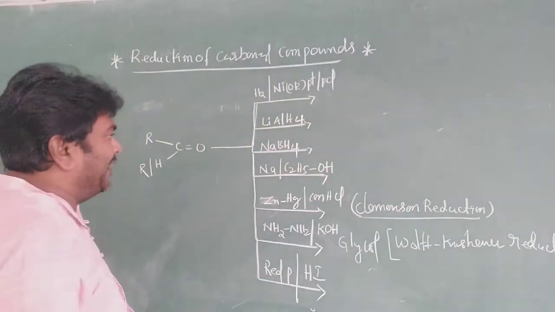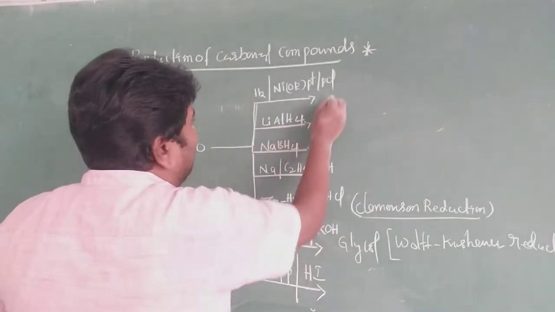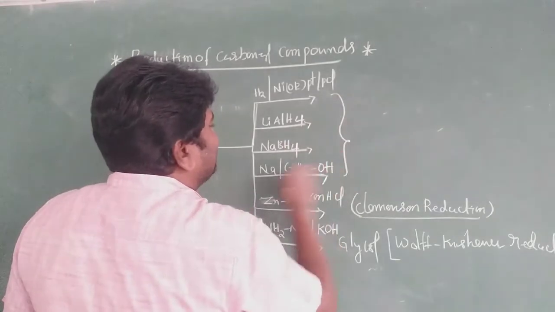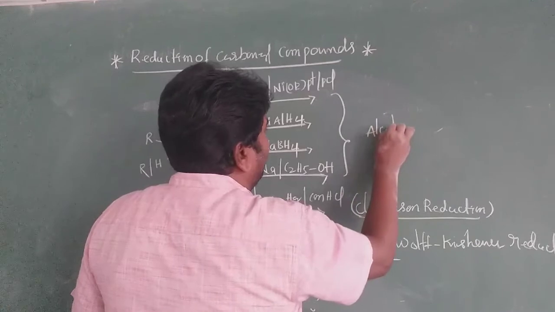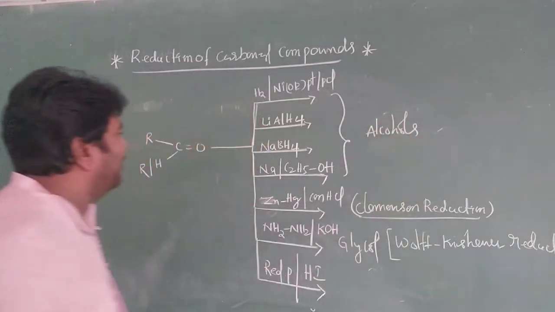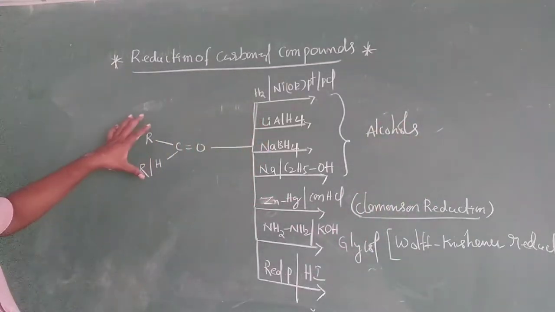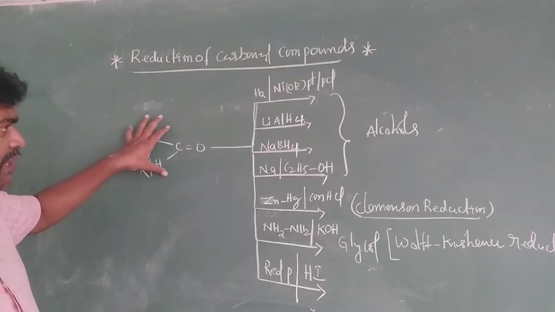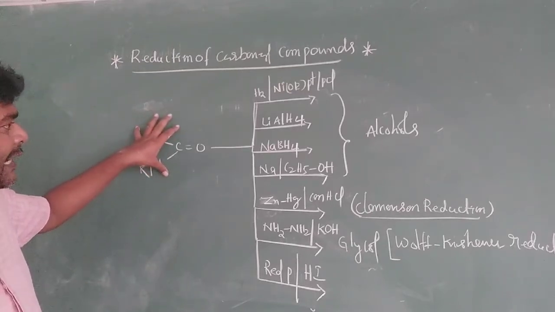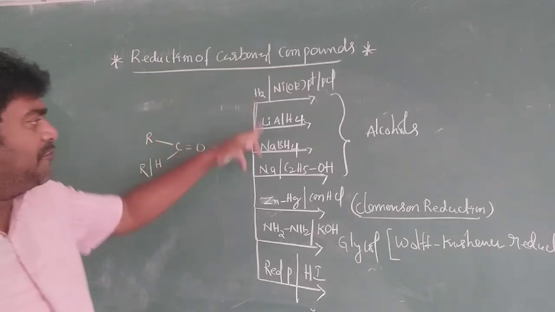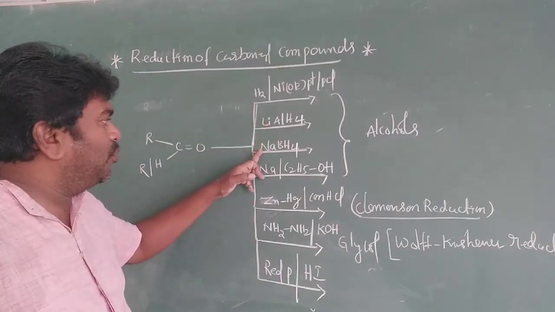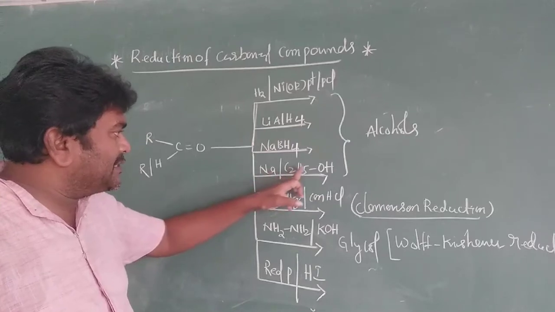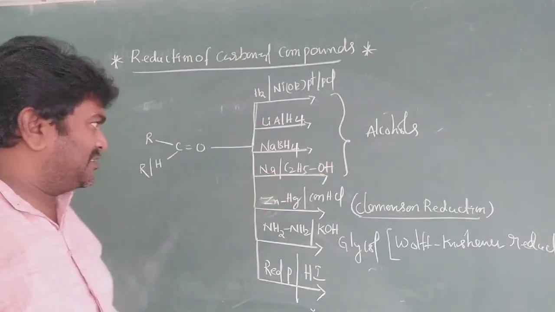It is very important. Suppose you have to see there: with these 4 reagents, you will get alcohols. Very important, my dear students. So aldehydes or ketones, anyone, undergo reduction in presence of H2, lithium aluminum hydride, sodium borohydride, or sodium metal in presence of ethyl alcohol, and you will get alcohols.